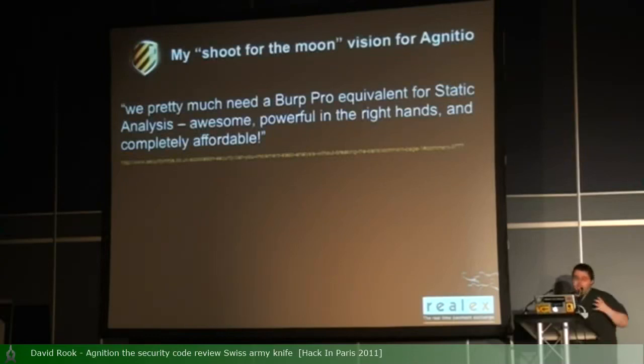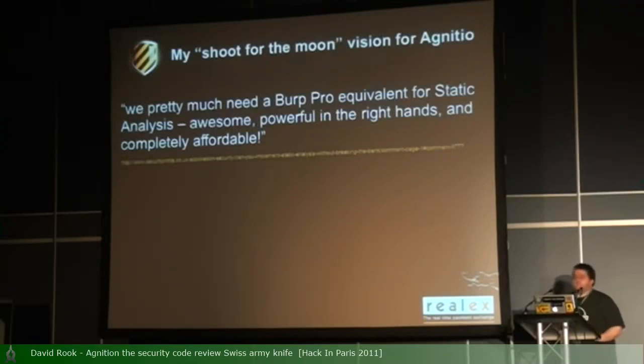But what this guy said is, you know, all of these things are really expensive, they're difficult to implement. So what we really need is something like the Burp Suite tool, but for static analysis, something that's awesome, is powerful in the right hands and completely affordable. Now, I'm not claiming that Agnitio can deliver on those expectations.